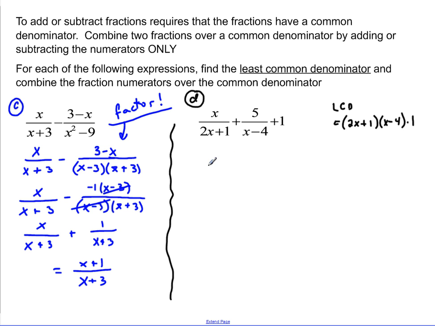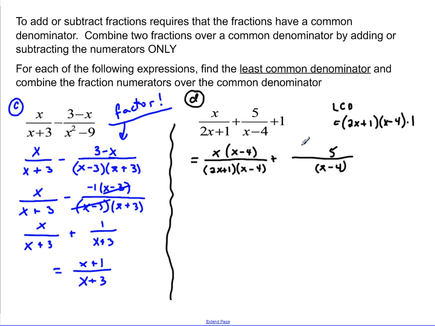All right, so what we're going to have to do is multiply in the missing piece from each of these fractions to get that common denominator. We've got x over 2x plus 1. Since the 2x plus 1 is already present, we're going to multiply in x minus 4 into the numerator and the denominator equally. Right? That balances our fraction. In our second fraction, we already have x minus 4. We have 5.